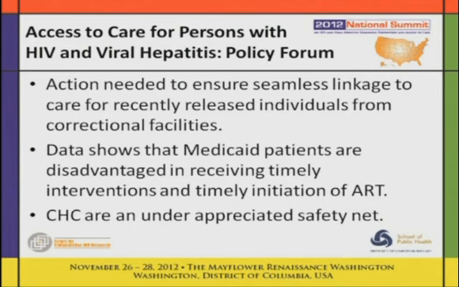And as you listen to this, you see the different themes arising again. Also, we saw that data showed that Medicaid patients are disadvantaged in receiving timely interventions and timely initiation of ART, and also that community health centers are a very underappreciated safety net that we really need to grow and also refine.